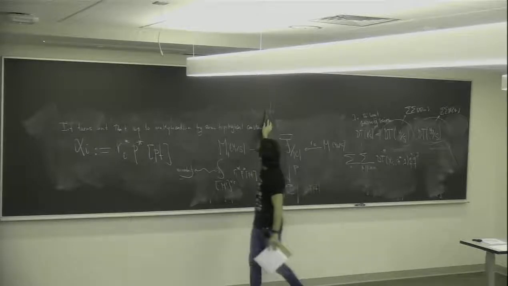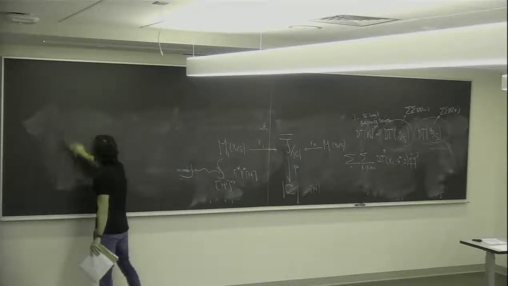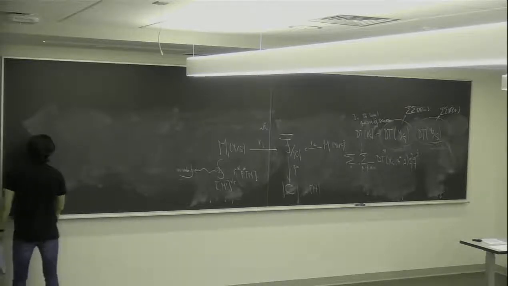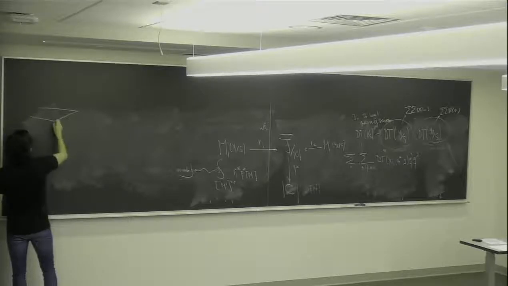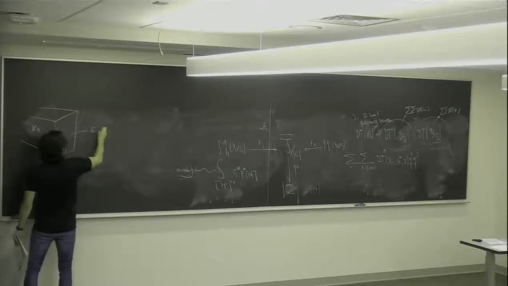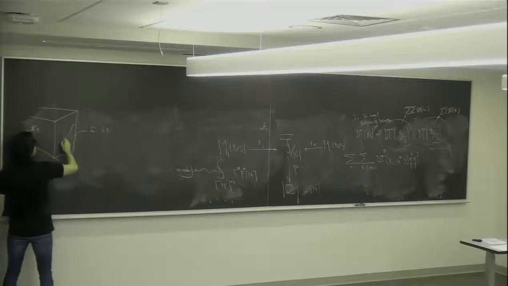So let me show you. This is my picture. I have the Quintic threefold, and this is my K3 surface S. It's a K3, and I'm looking at sheaves in here.